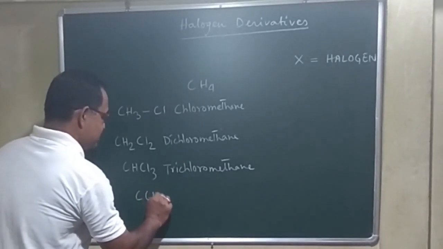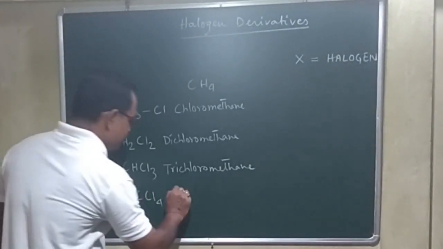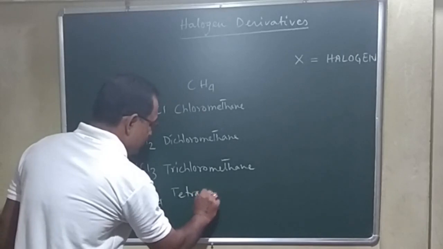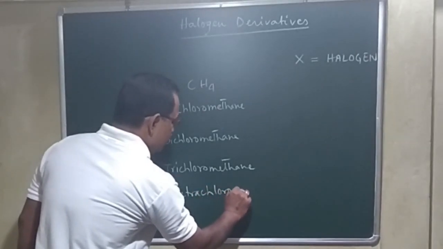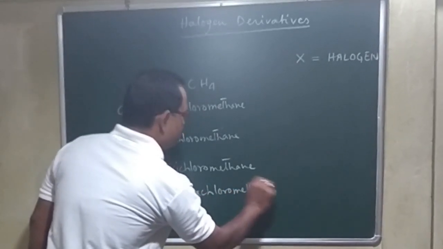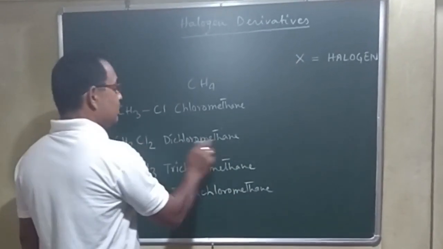And finally CCl4. What is this? This is tetrachloromethane.